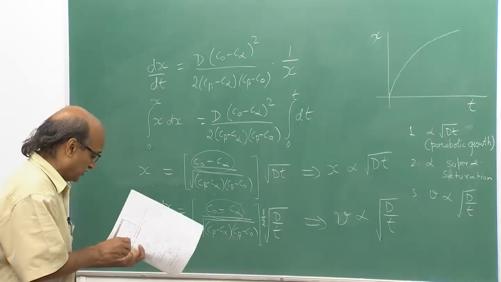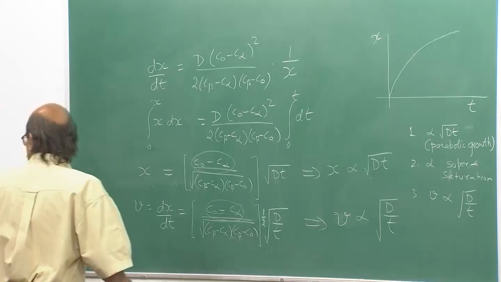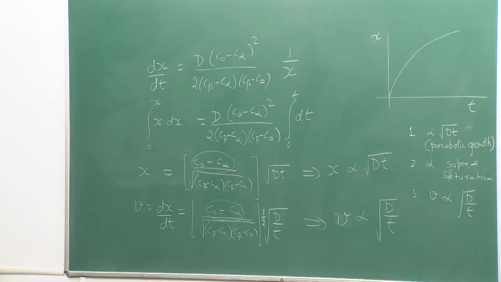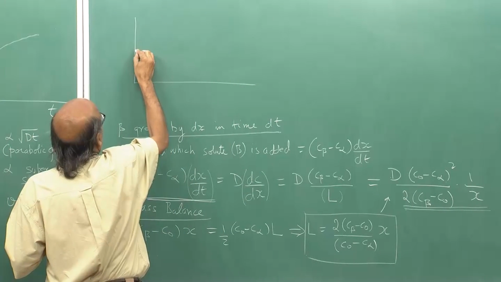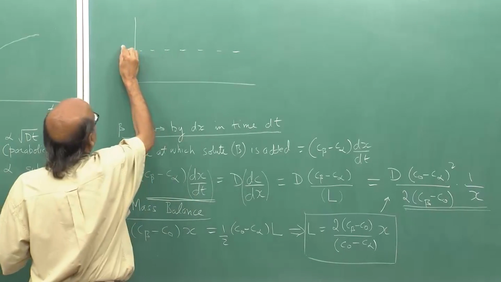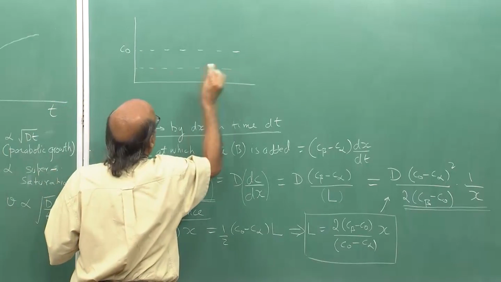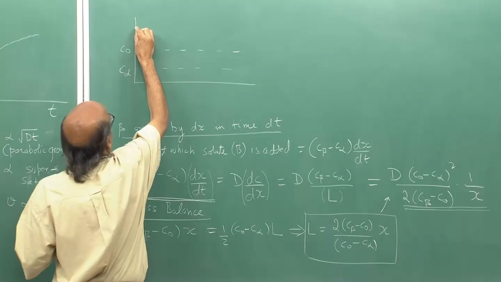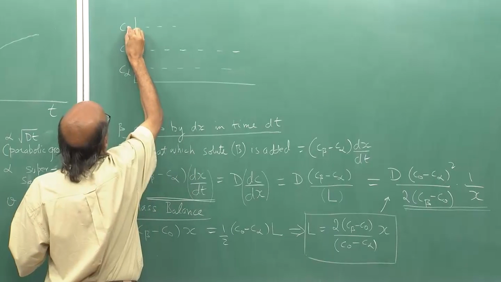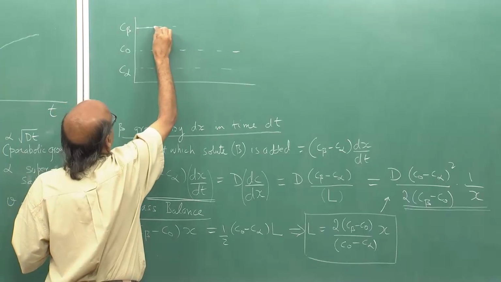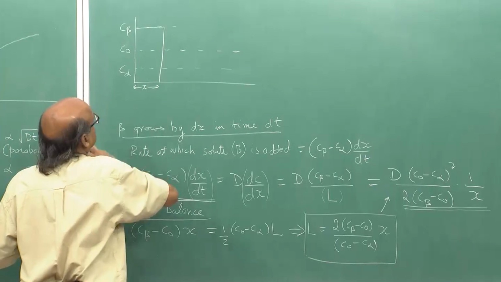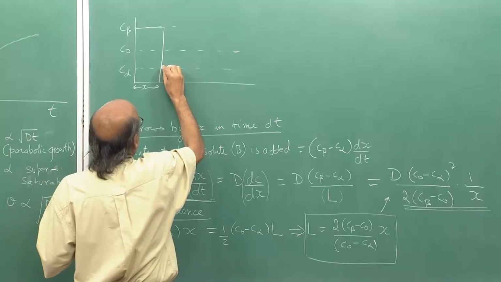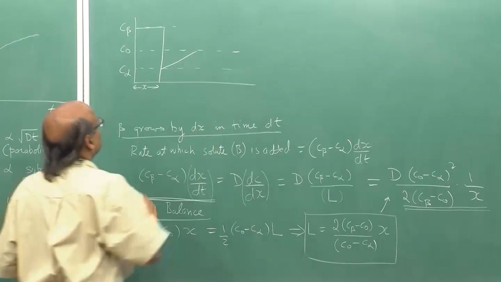Now, why is velocity reducing, or the growth rate is reducing with time? This could be understood if I relook at this diagram, that as the beta precipitate is growing, so I have C naught, I have C alpha out here, I have C beta, this is my beta that has grown by x, and the concentration profile is this.